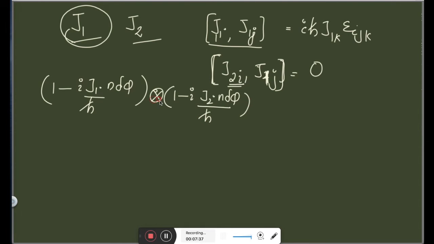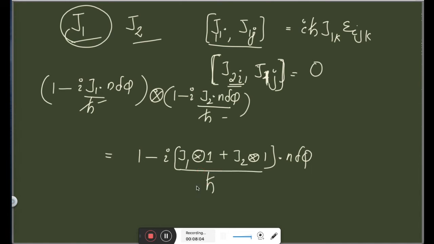And if you take the direct product, it gives you the infinitesimal rotation operator that affects both subspace 1 and subspace 2, and what you get is equal to 1 minus i (J1 direct product with 1 plus J2 direct product with 1) dotted n delta phi divided by ħ.